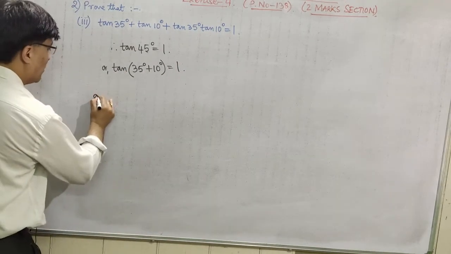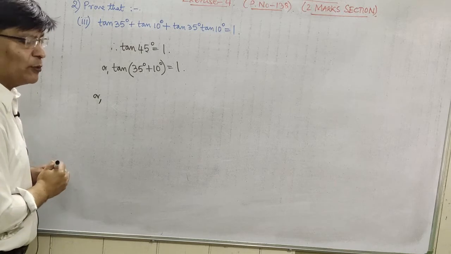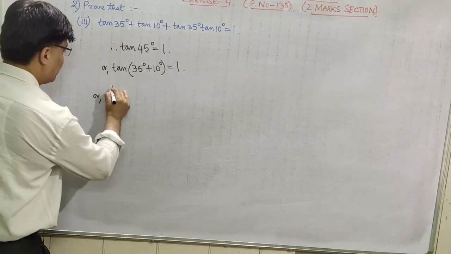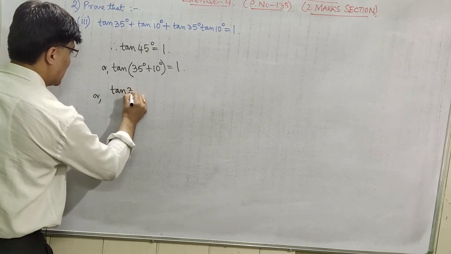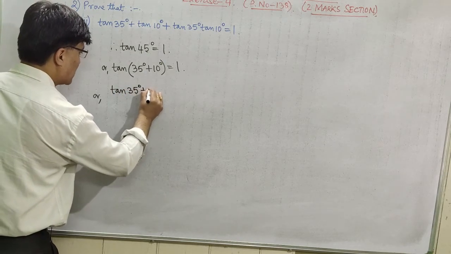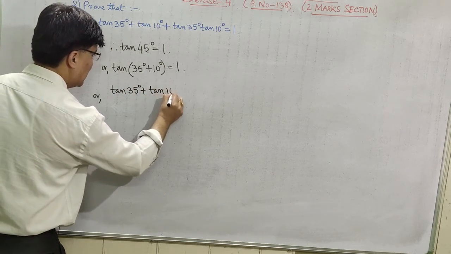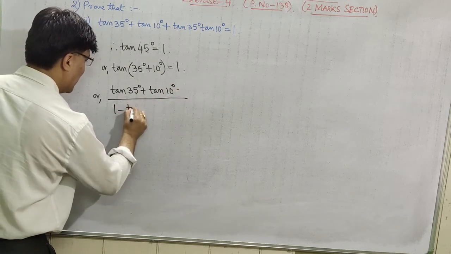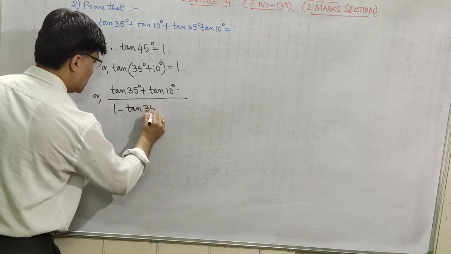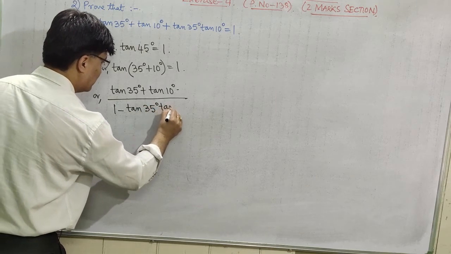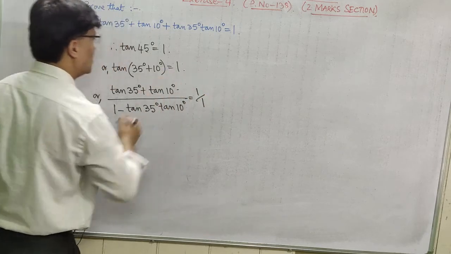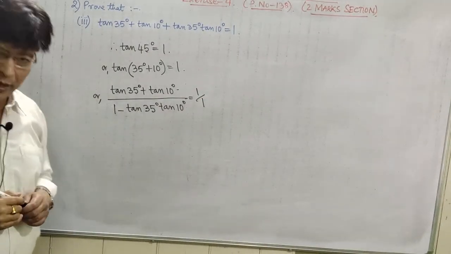Okay. Now on the left hand side you can use the formula of tan of A plus B, isn't it? What is tan of A plus B? This is tan A plus tan B divided by 1 minus tan A tan B, which is equal to, on the right hand side there is 1 only, so it is 1 by 1.